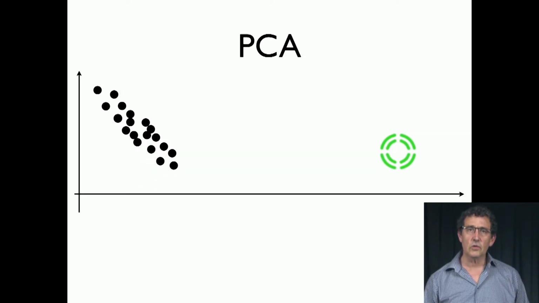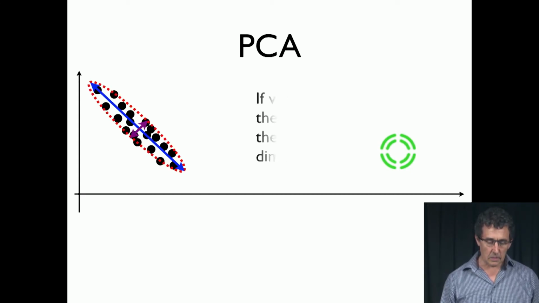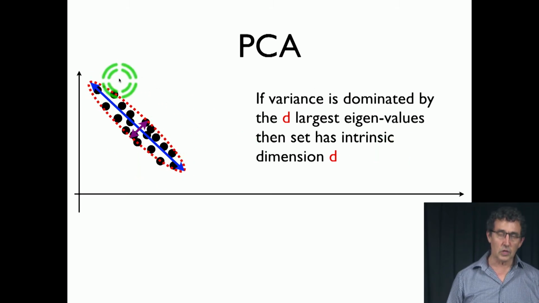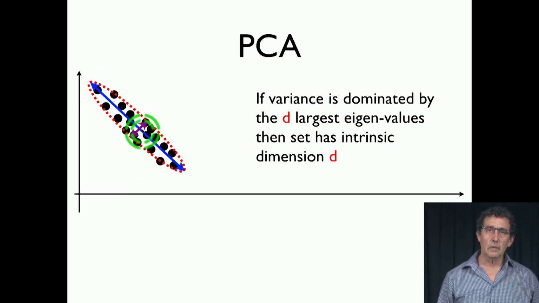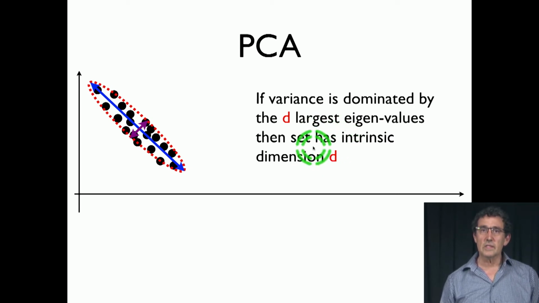We've seen this already before, right? We talked a few videos ago about principal component analysis. It is a method where, if the distribution of the data is dominated by the largest d eigenvalues, then the set has, in a sense, intrinsic dimension d.